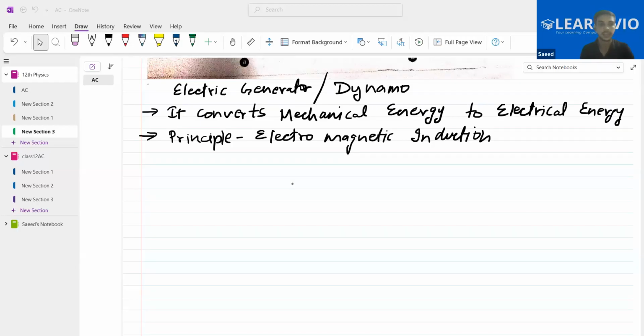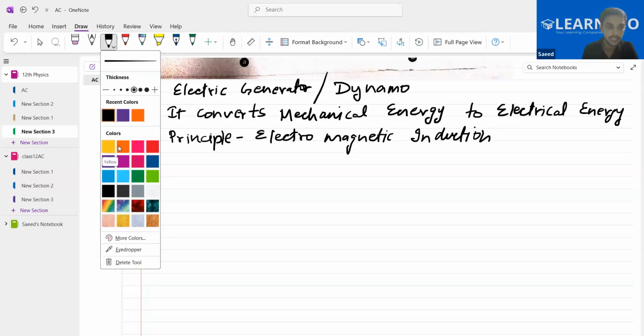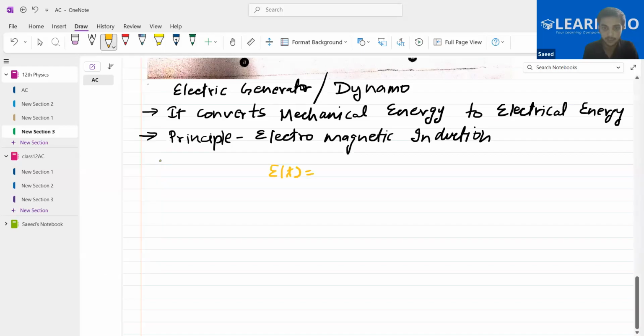Okay, now see, till now we had seen this. Now we'll come back to the original equation, that was E of t equals E naught sine of omega naught t. But this is not the perfect equation; actually, there is an amendment here. What is the change in the equation at t equals 0?